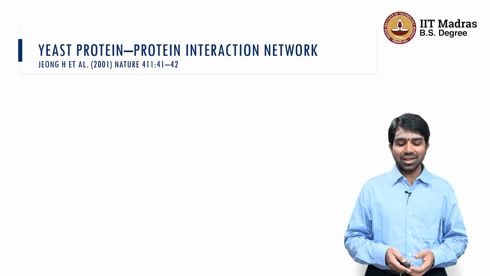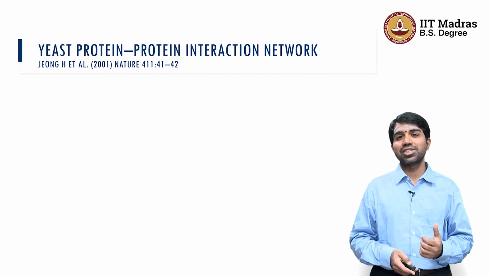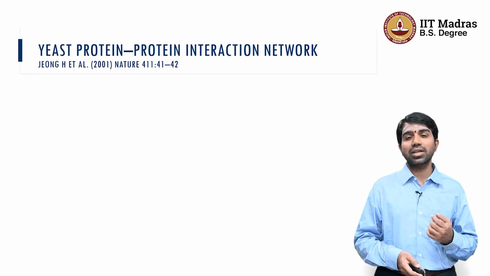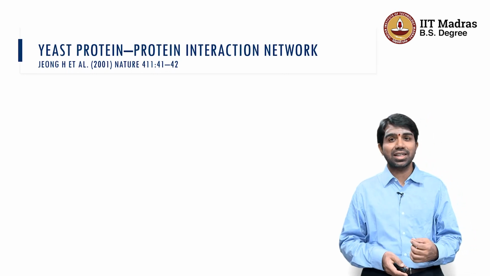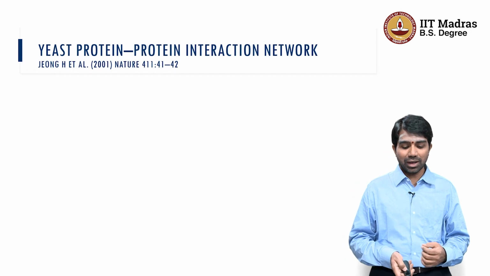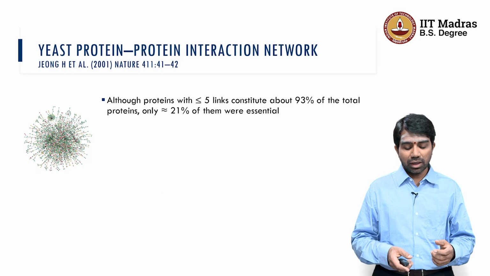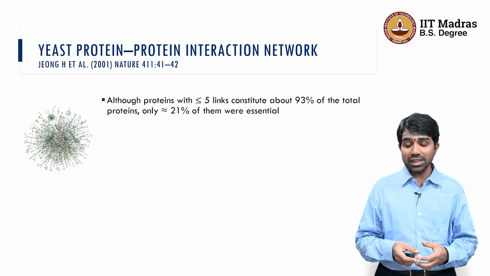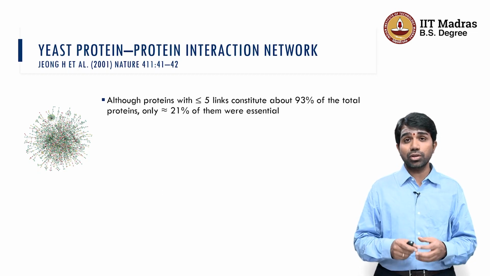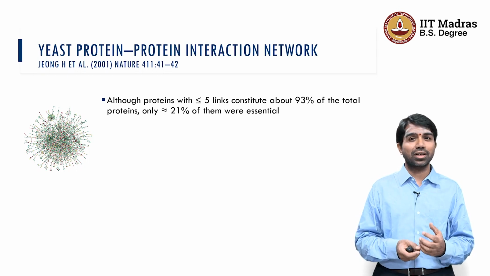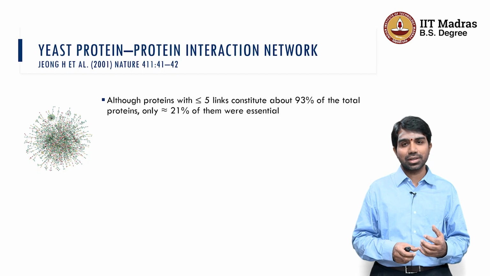So these four colors are what you see in this protein interaction network. What is now interesting is, what are the patterns that you see? What kind of proteins are more likely to be essential? What kind of proteins are less likely to be essential, and so on? And this is what Jeong and others found. They saw that proteins with less than 5 links constitute about 93%. Can you already start guessing what kind of degree distribution this looks like?